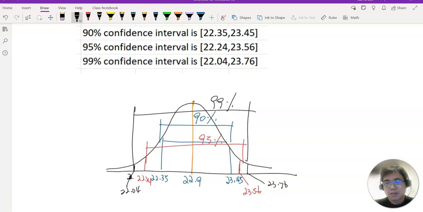So based on the percentage value, we extend the interval more and more. That's the reason that compared to 90%, 95% has a bigger area, and 99% has an even bigger area. That's why the lower limit value keeps going down and the upper limit value keeps going up here, basically. That's what happened.